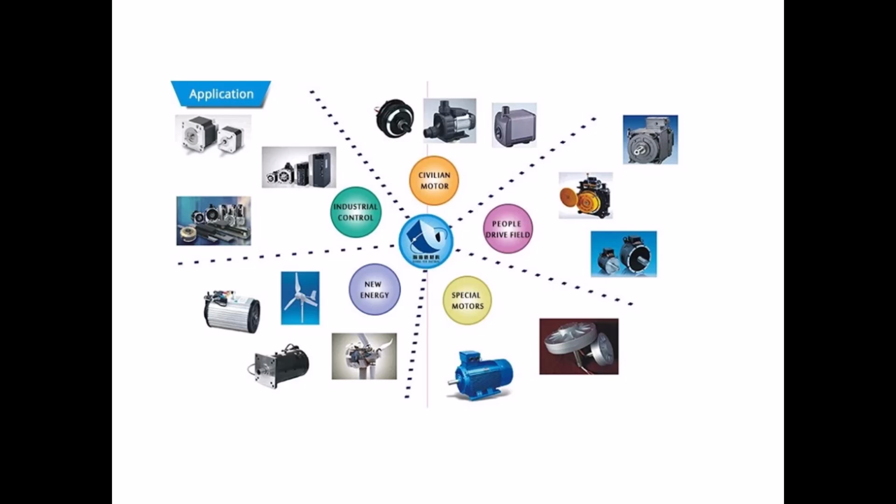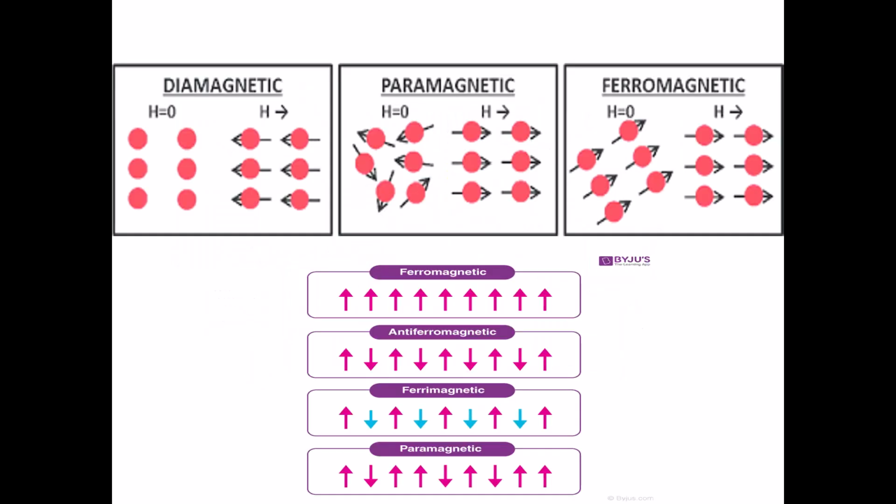They are also used in advanced fields like medical imaging and modern electronics. By studying magnetic materials, we can understand how magnetism works and how to develop better and more efficient technologies. In this session, we will learn the basic concept and importance of magnetic materials.